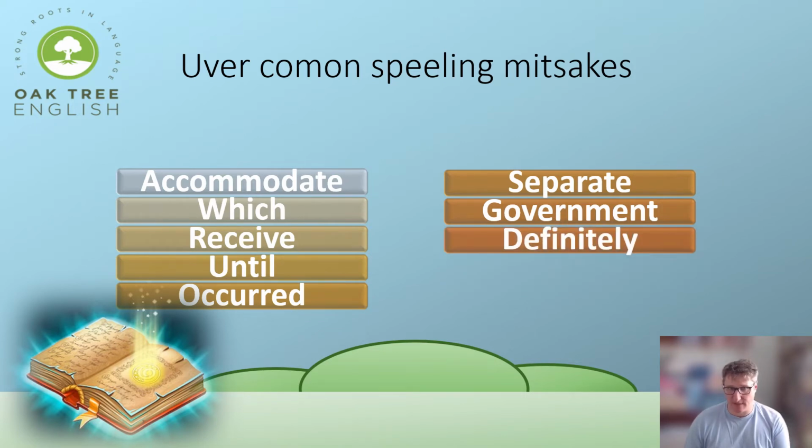Definitely. You often find it spelled definately. It's not, and that becomes clear when you break it down. So you've got finite, definite, because you define it. Definitely. So you've got the ly at the end.